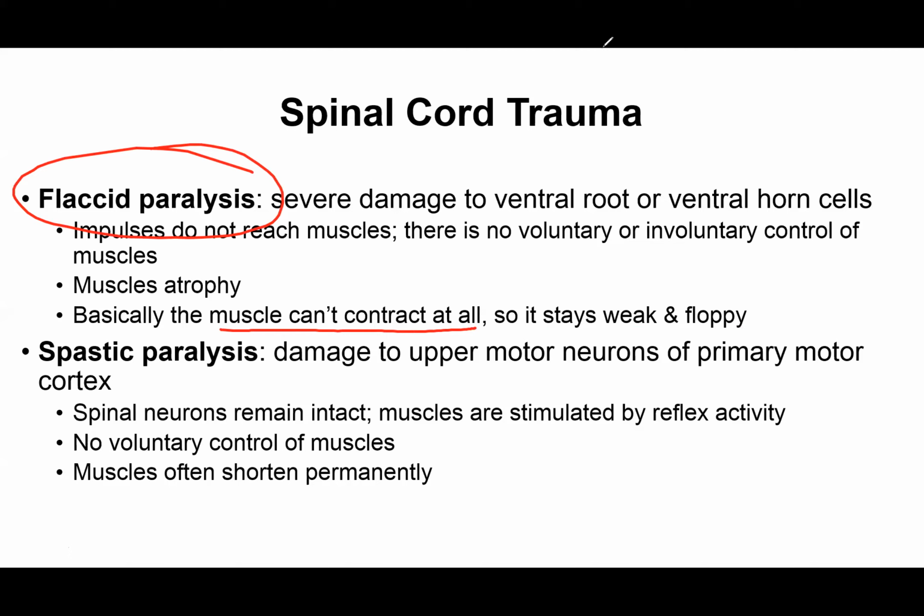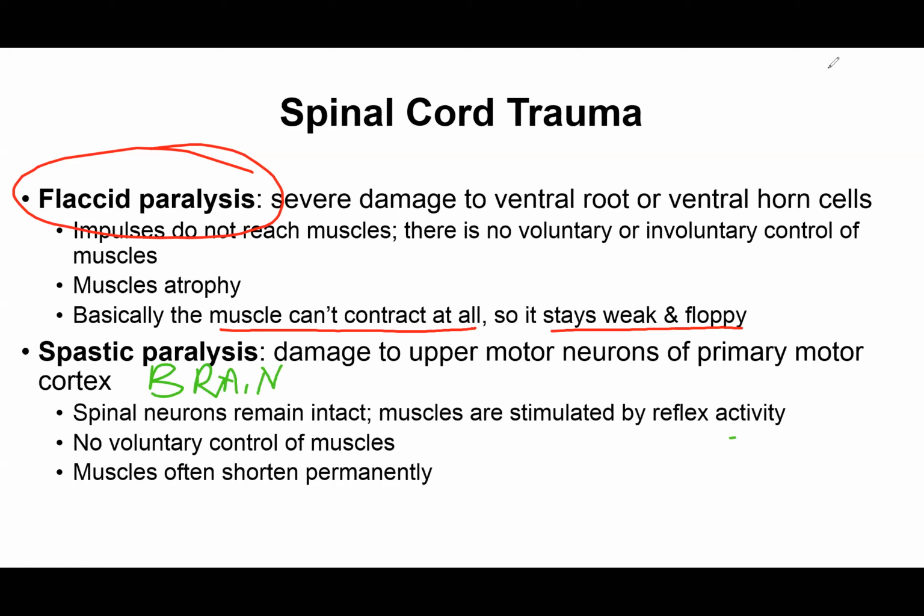In spastic paralysis, though, this is an instance in which there's damage to upper motor neurons of the primary motor cortex, right? So spastic paralysis, the damage happened in the brain. And so our spinal neurons are going to remain intact. So the muscles are going to be stimulated by reflex activity.